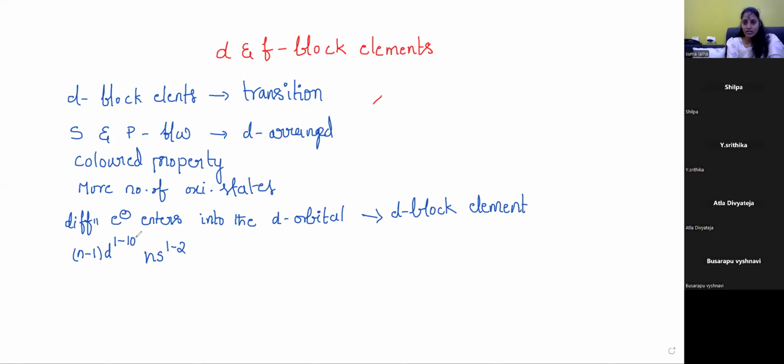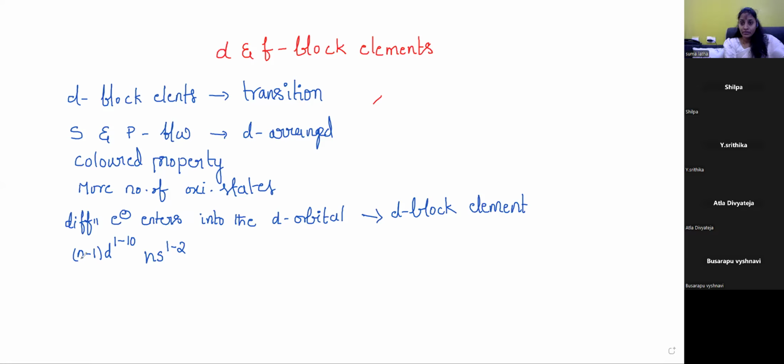That particular element comes under d block. To identify this, we need to know its electronic configuration, that is (n-1)d 1 to 10, ns 1 to 2. That means the d orbital may have one electron, or two, or three, or 5, 6, 7, 8, 9, 10.